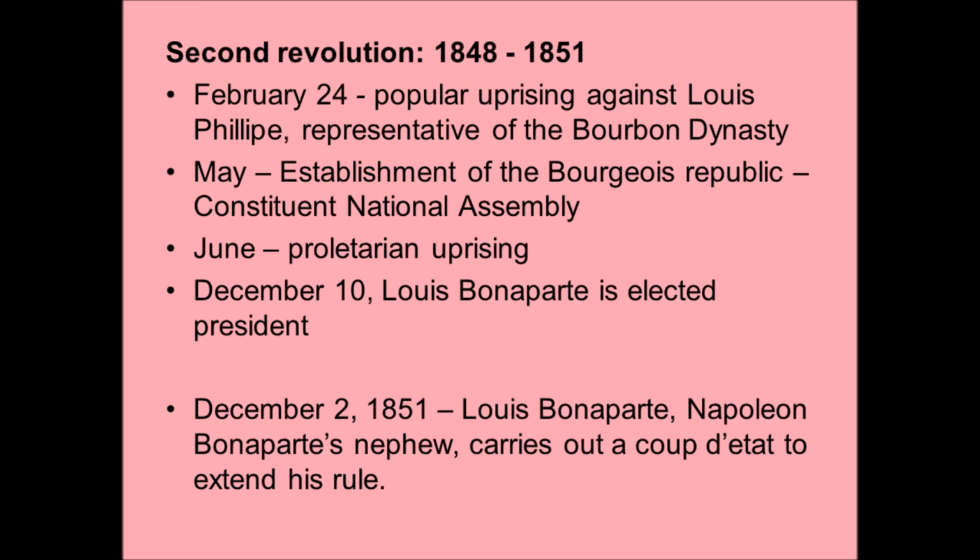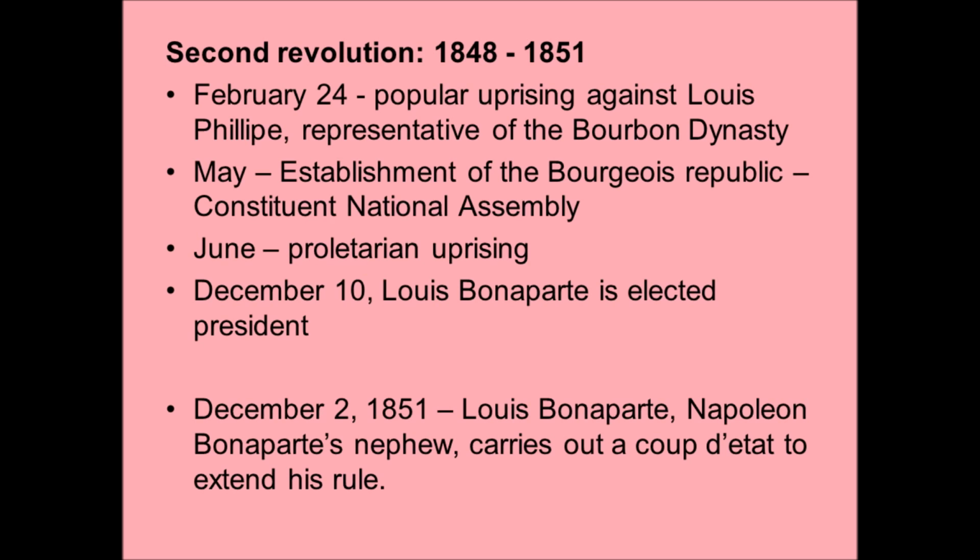On February 24, 1848, there was a popular uprising against Louis Philippe, the representative of the Bourbon dynasty. In May, there was the establishment of a bourgeois republic, the Constituent National Assembly. In June, there was a proletarian uprising against this bourgeois republic, but this proletarian uprising was repressed.